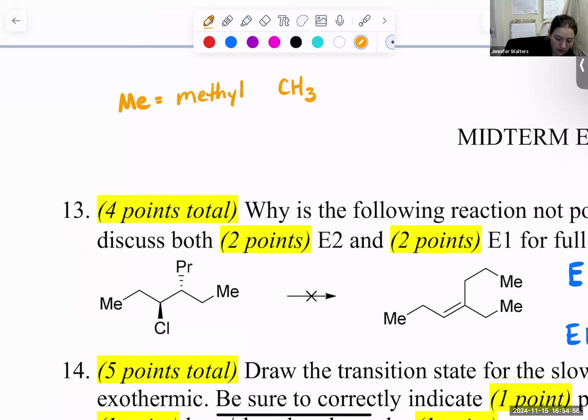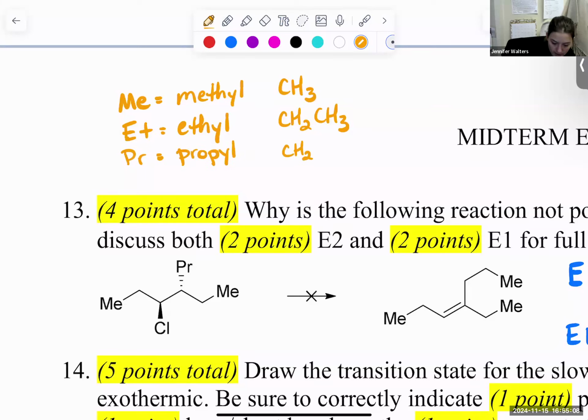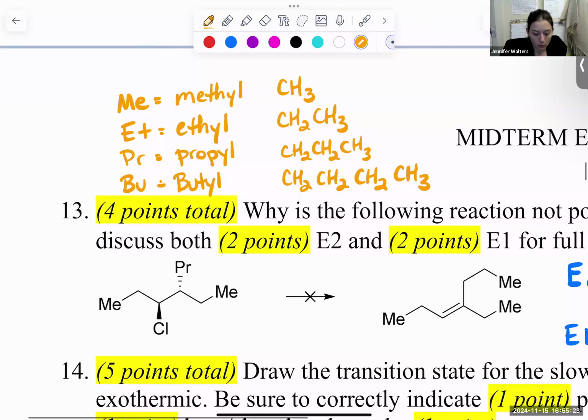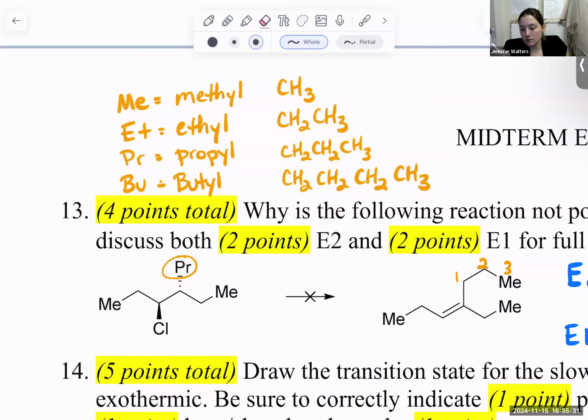Also, if you forgot what PR stood for, propyl is that. So Me is methyl, that's your CH3. Et is ethyl, that's your CH2CH3. Pr is propyl, that's CH2CH2CH3. And then Bu is butyl, which is CH2CH2CH2CH3. And I was hoping that even if you forgot what Pr was, I gave you 3 carbons here, so that also reminded you what propyl was.